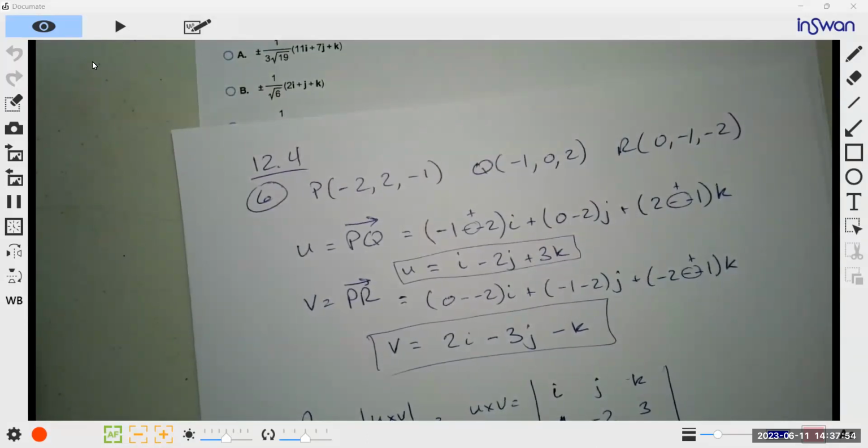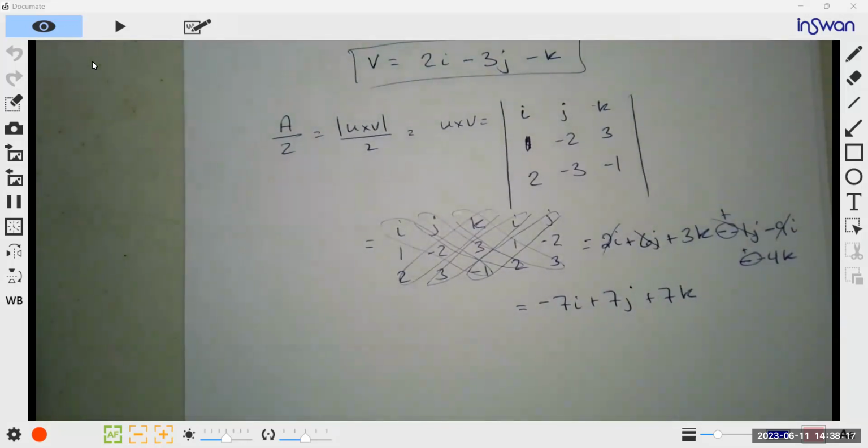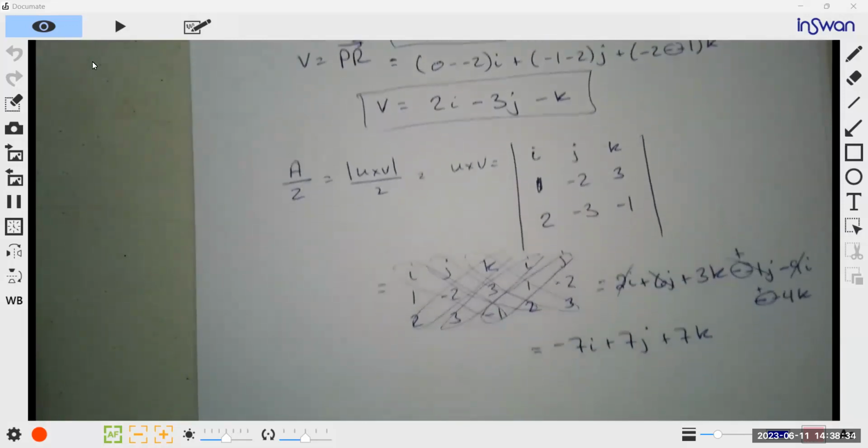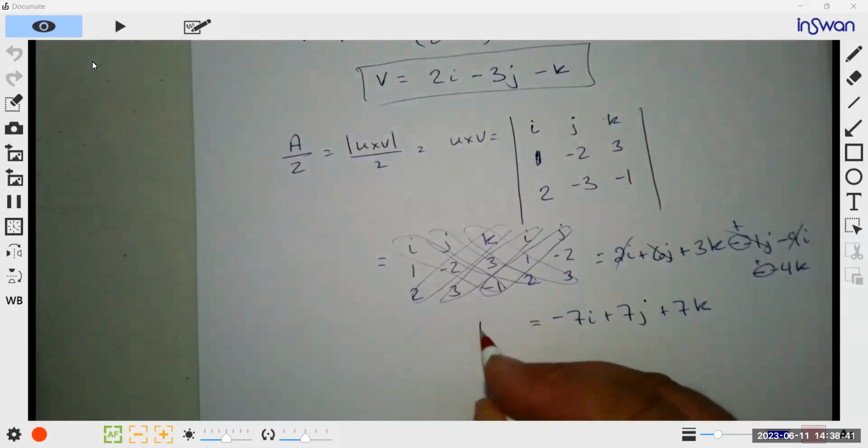That becomes a plus, that becomes a plus. So it becomes -7i plus 7j plus 7k. Sorry. Okay, so that's u cross v.